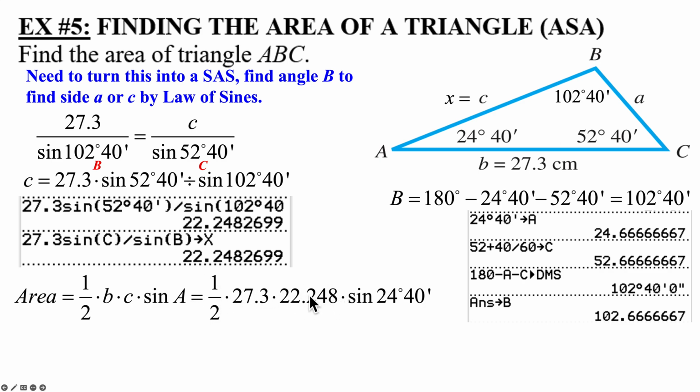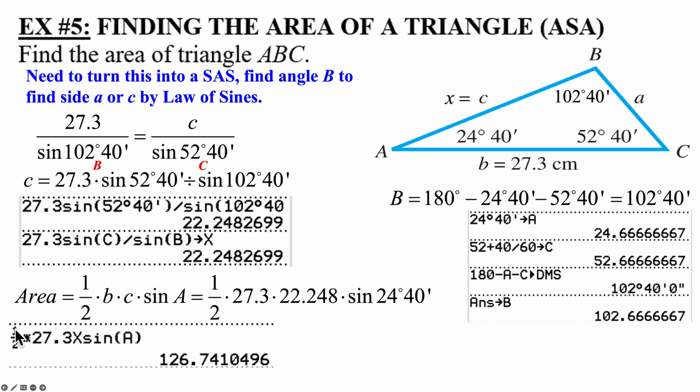Again, this is just to show you this is side C, this is my angle A, but again, that's not what I'm going to type into my calculator. I opted for 1/2 times the 27.3. I don't have to hit the times symbol next to my X. And then there's times sine of angle A, which again, I have stored.